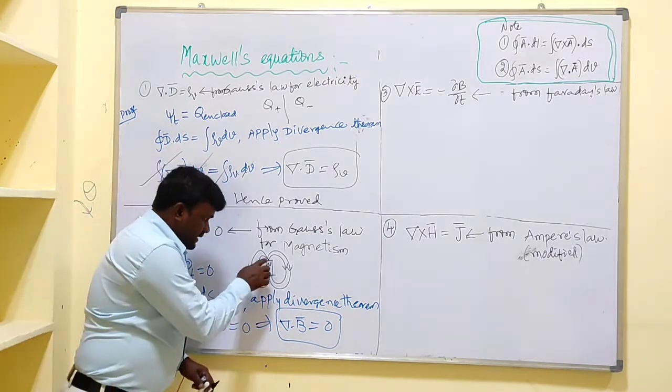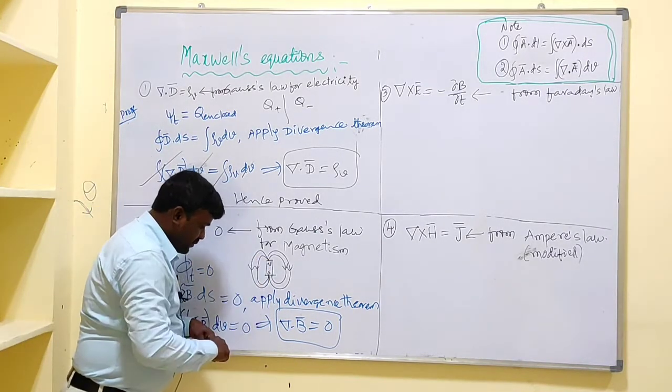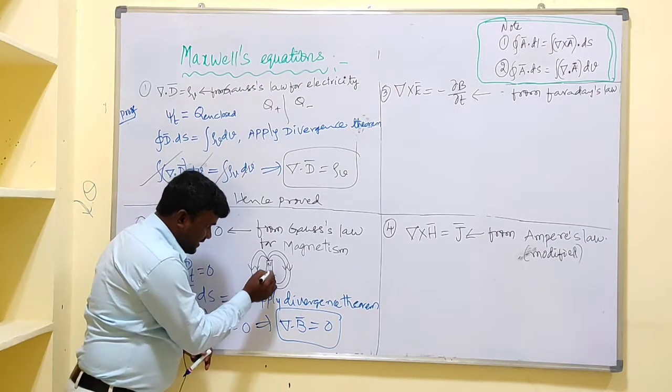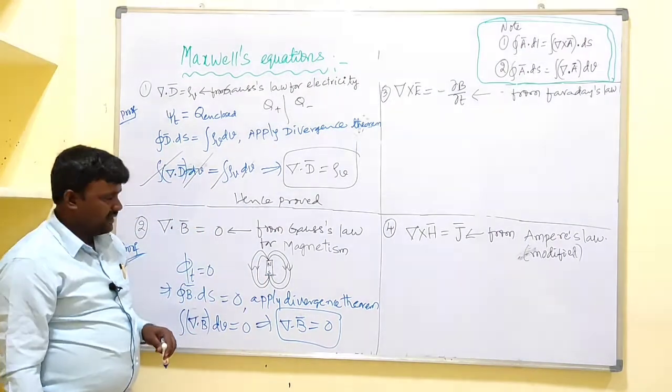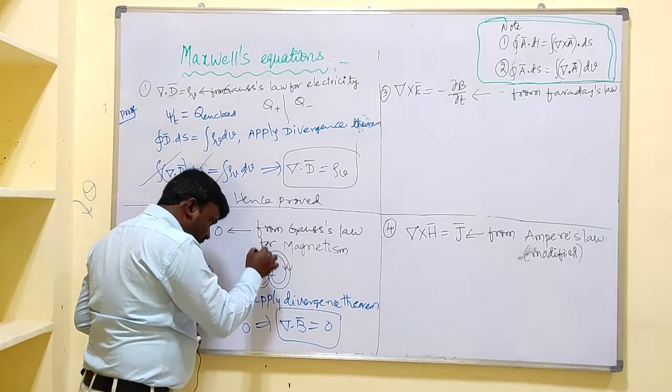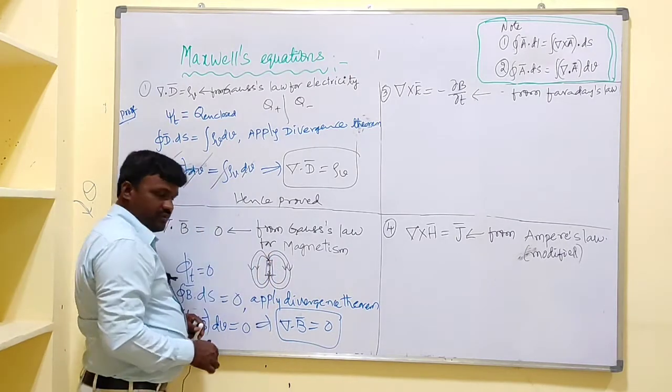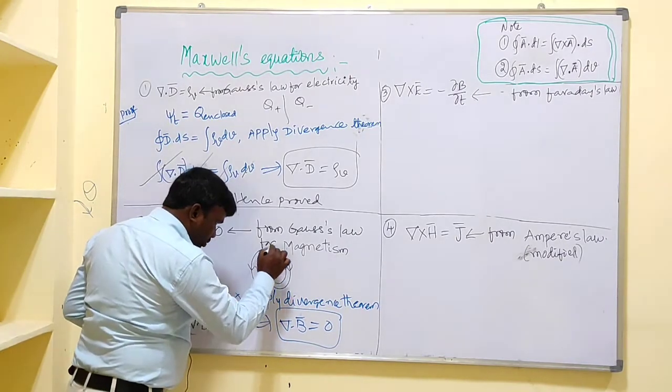You can observe that the starting point, source point is like this, whereas ending point is like this, okay. But we have the field lines through the magnet like this also, okay, means they are closed in nature.